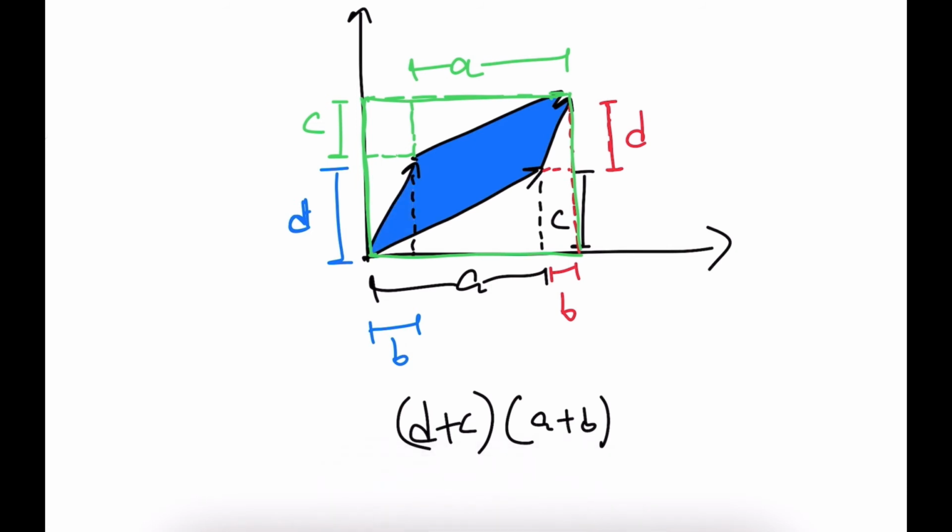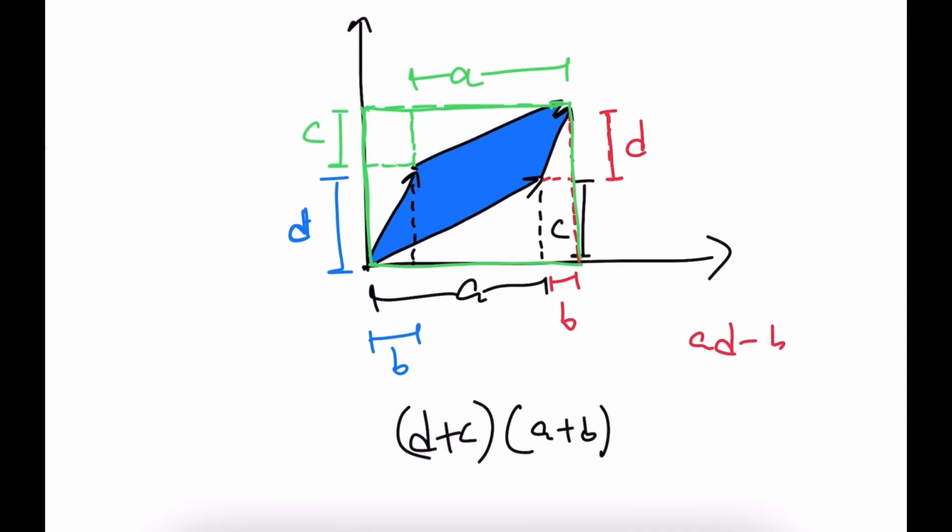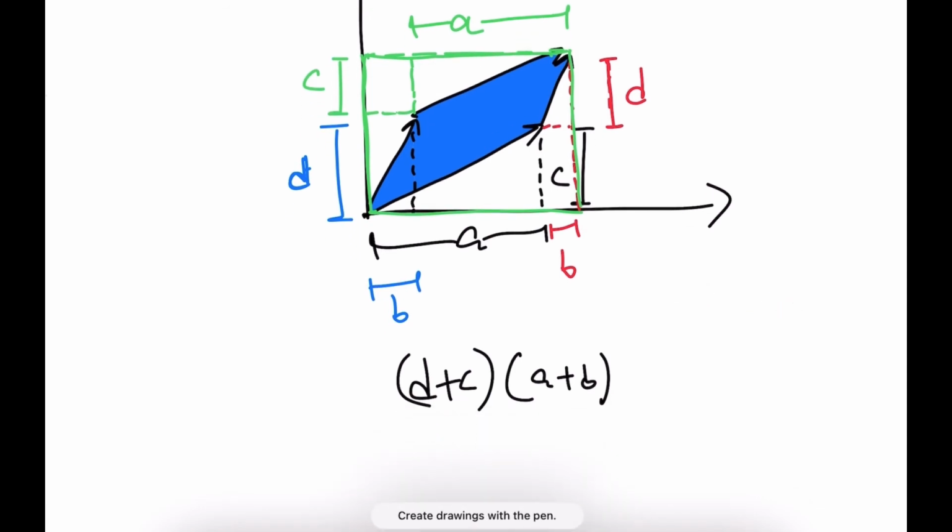And well, it's not exactly a shocker. You will find out that this parallelogram basically has an area of AD minus BC. So this is basically the interpretation of the determinant. If we just complete this calculation, we'll see that.